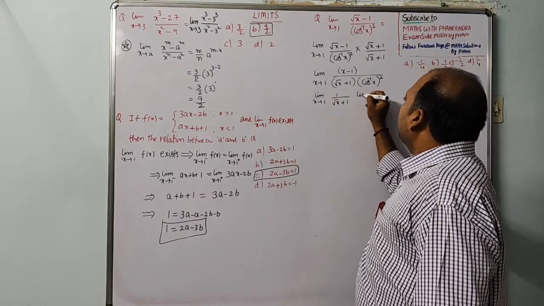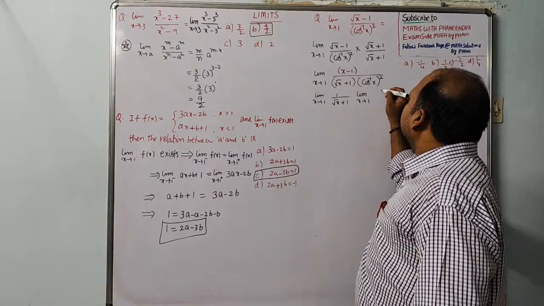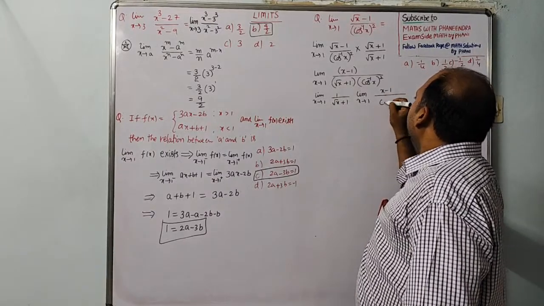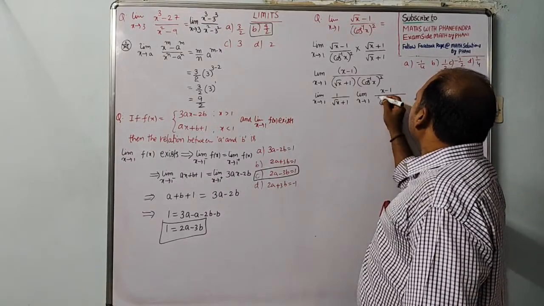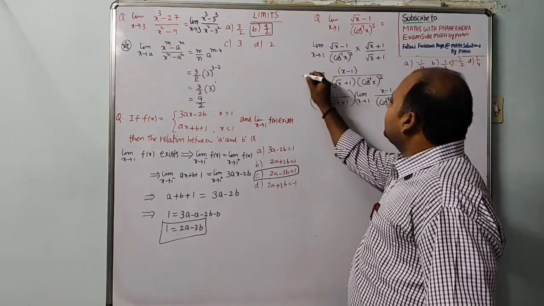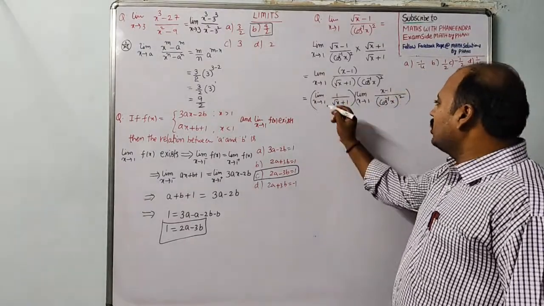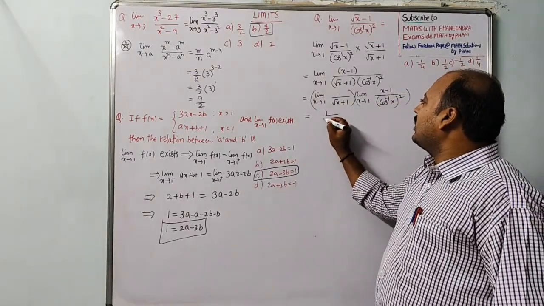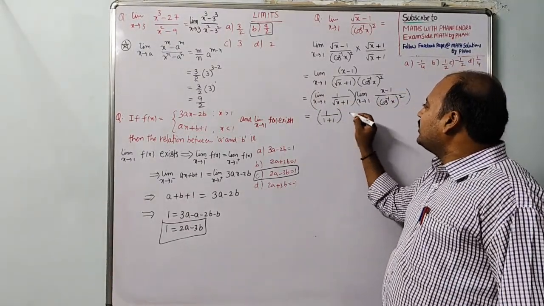The remaining terms are there, no? Limit x tends to 1, x minus 1 by cos inverse x whole square, we will take as another term. Do you understand, dear students? So if you apply this, you will get 1 by 1 plus 1, it will be 1 by 2.